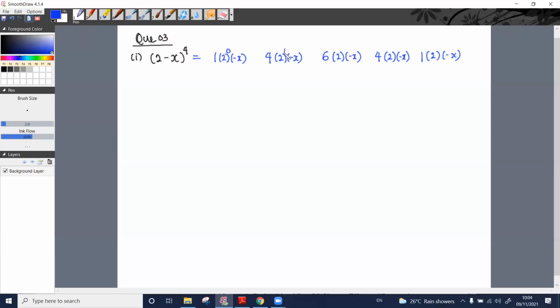Here 0, 1, 2, 3, and 4. With respect to the second term, we are going the opposite way. We are starting with the highest power value, that is 4. Then 3, 2, 1, and 0. We have determined the power values of the respective terms.